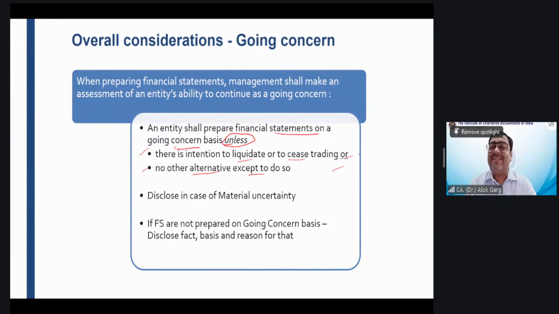So in these cases, the company will not prepare the financial statements on a going concern basis, but otherwise the company will prepare the financial statements on a going concern basis, right?